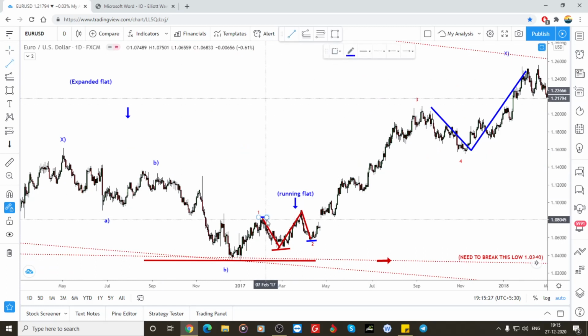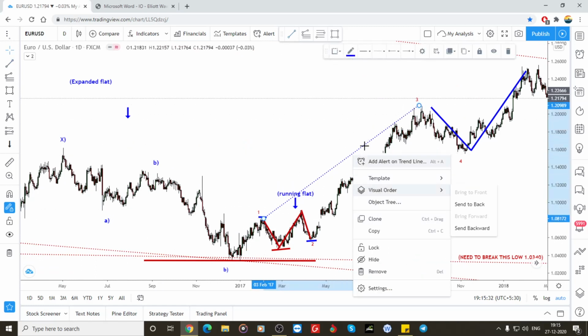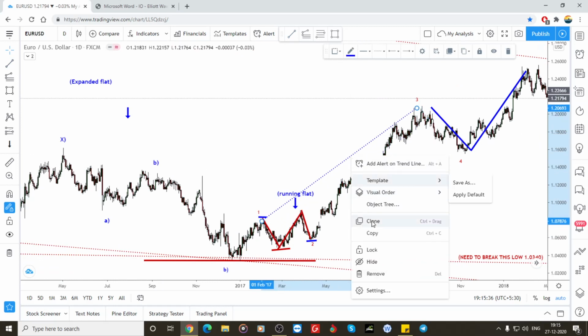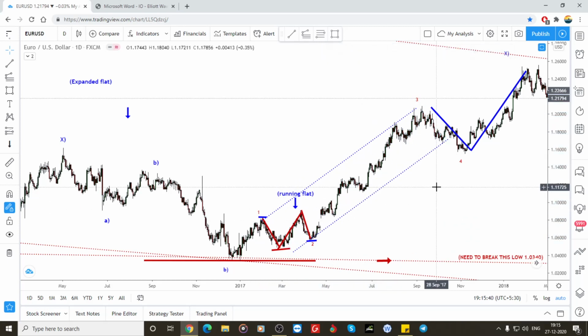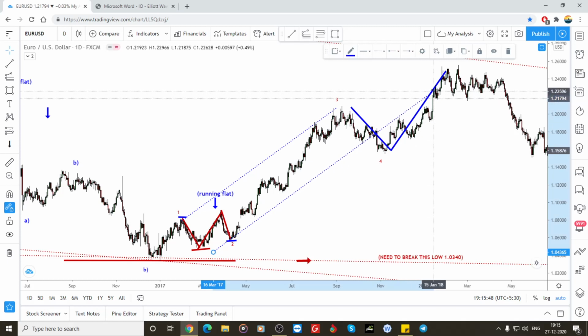So we have to draw from 1 to 3 and just clone that and place it in the second wave. So this is a little bit deeper correction. That is why it's out of the channel. But even so, after that, see, it is in the channel and again it failed.